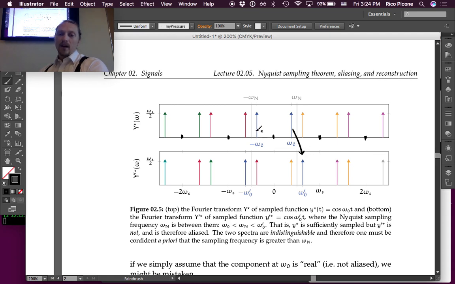Moves this out, and moves this guy over to there. So the blue ones went out, which means that the frequency of our signal increased, right? But we kept the Nyquist frequency the same and the sampling frequency the same, which means that now we're undersampled, which we know is a problem.